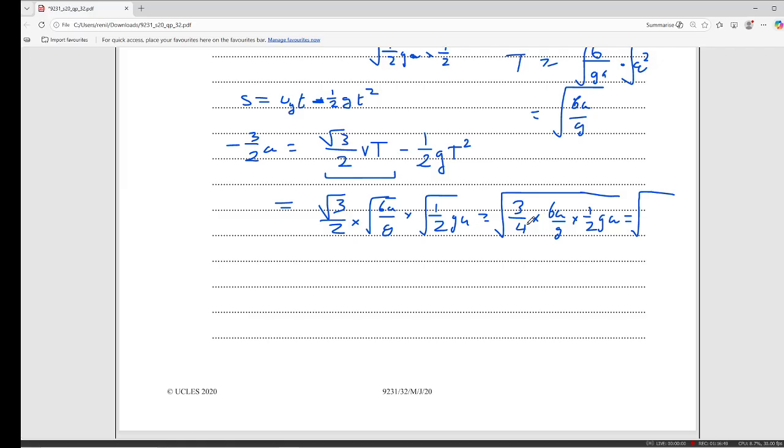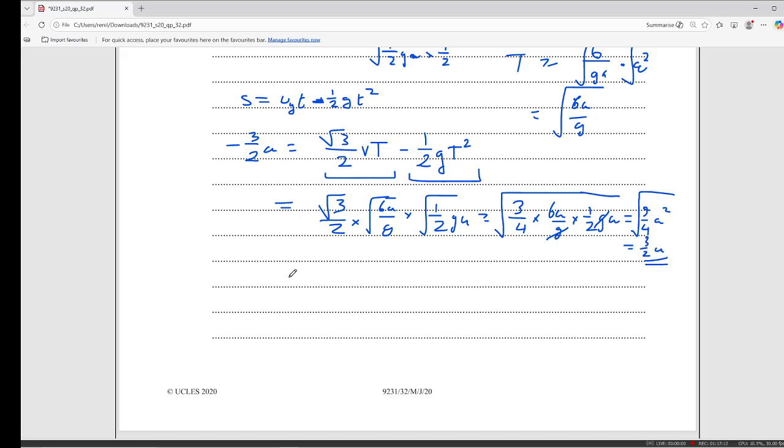Okay, a lot of calculations here. 3 times 6 times 4 2, yeah, I get 9 by 4. g gets cancelled out here. a square, which is equal to 3 by 2a.